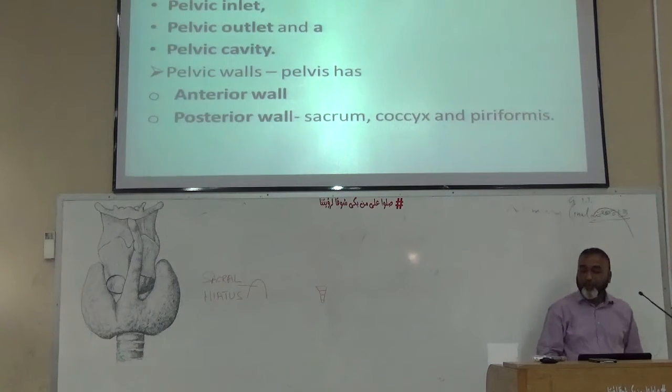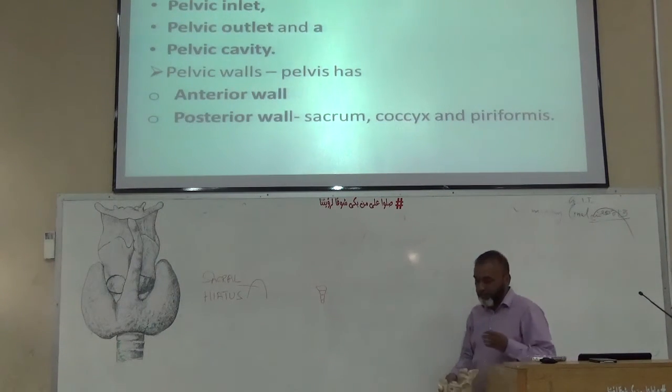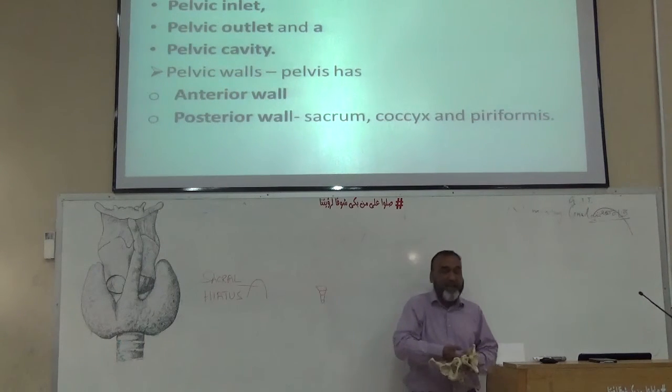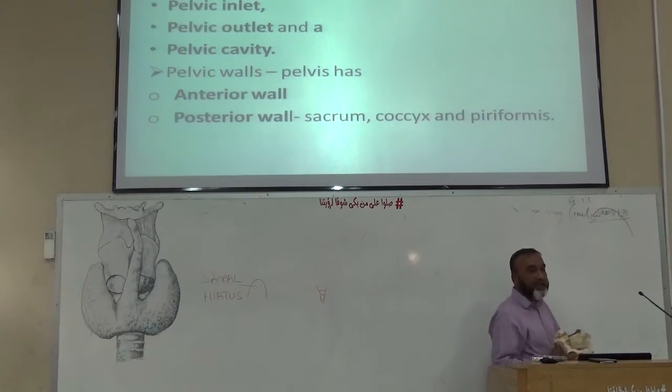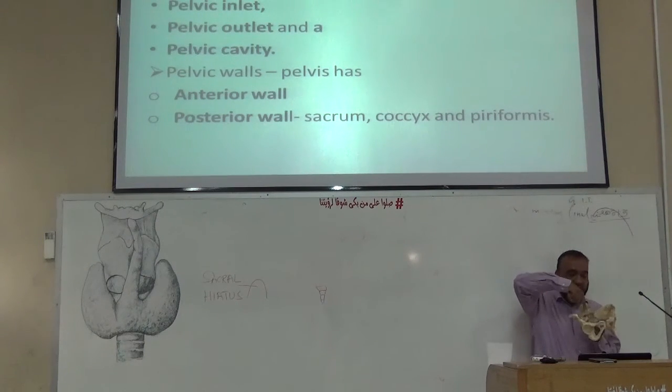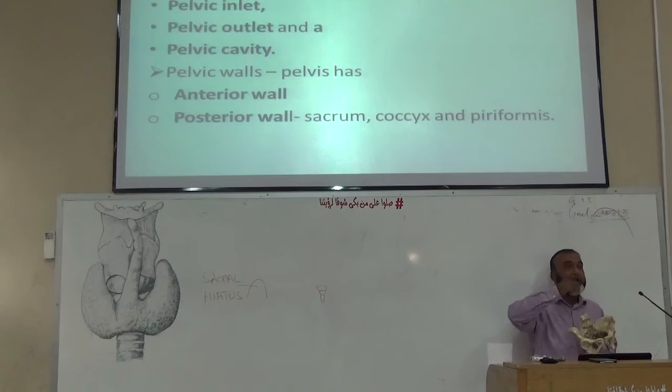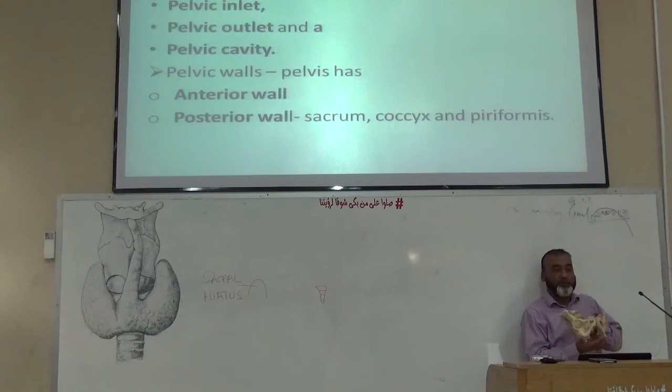Then we come to the true pelvis. I already told you that it lies between the inlet and the outlet. What is the inlet? The inlet is formed by the pelvic brim, and this pelvic brim has the sacral promontory, the iliopectineal line, and the border of the pubis. While if you see the outlet, we have told you that we have the two ischial tuberosities, coccyx, and the subpubic arch.